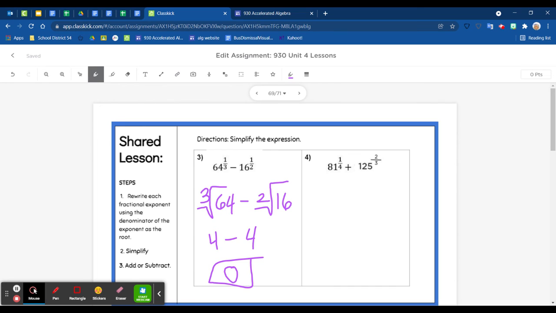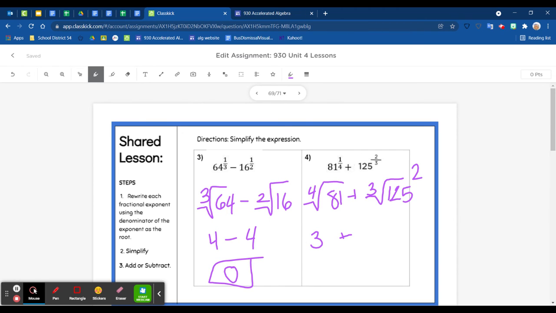Okay. The fourth root of 81 plus the cube root of 125 squared. Okay, so this one has a few more steps. First of all, let's find the fourth root of 81. I believe 3 times 3 is 9, times 3 is 27, times 3 is 81. So that works.